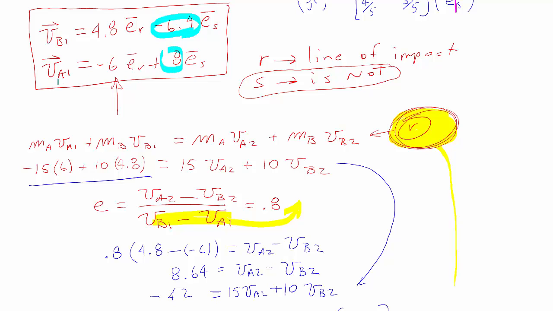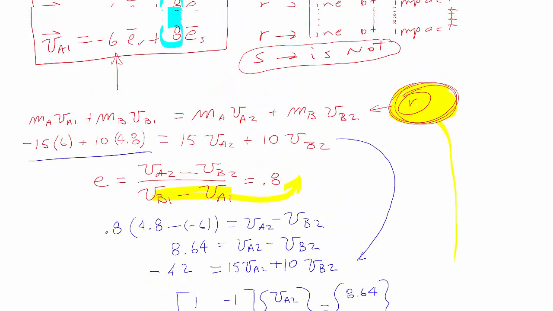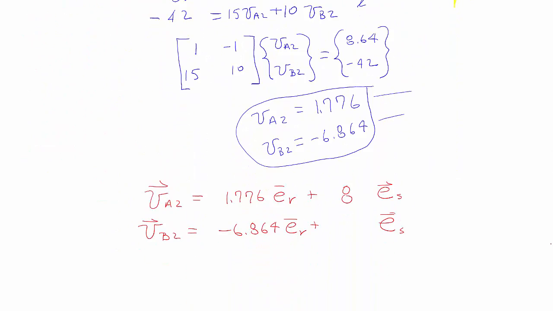Now I've got them listed A or B first and then A. So for A, I got to take an 8 down there. Oh, I wanted to switch pens. And for B, I want to take a minus 6.4.